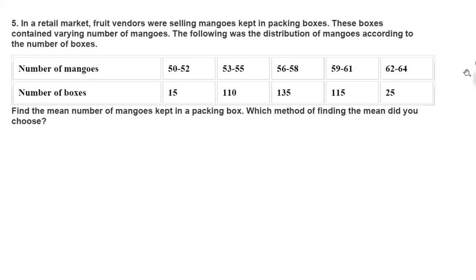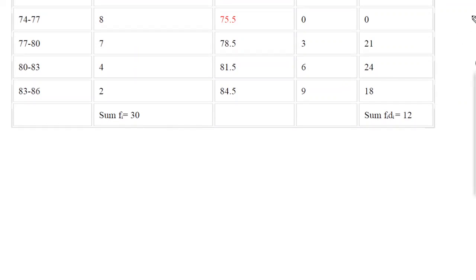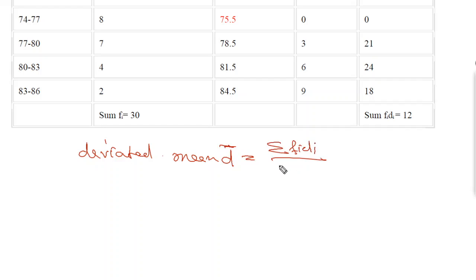Now we will move to the calculation stage. So first of all we have to find the deviated mean. Deviated mean d bar, you can write, is equal to sigma fi di divided by sigma fi, which is equal to 12 divided by 30. Okay, so 12 divided by 30 will be equal to 0.4.